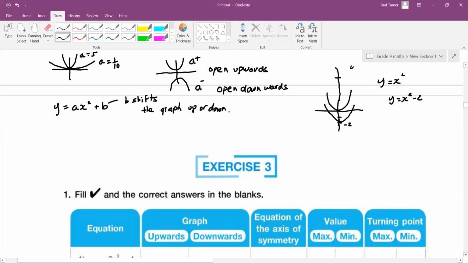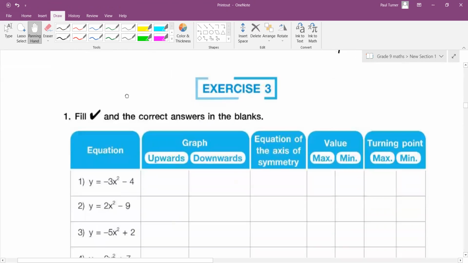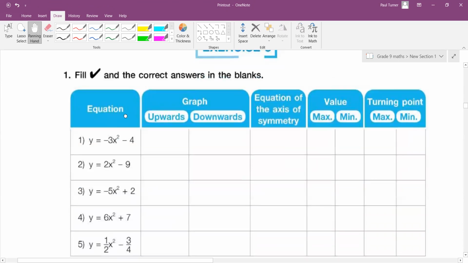So if you had y equals x squared plus 5, it will go up 5 units. So up 5 units, down 2 units, for example. That will just move the graph up or down. We're not moving left to right in this section, only up or down.